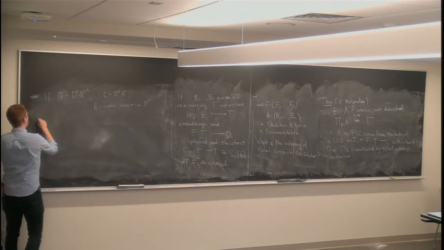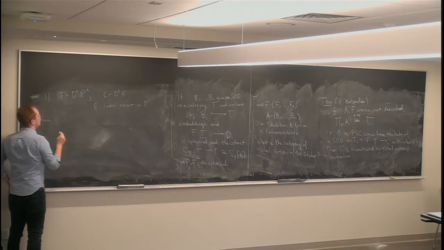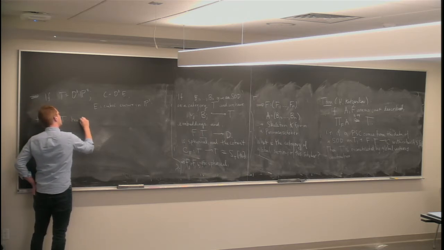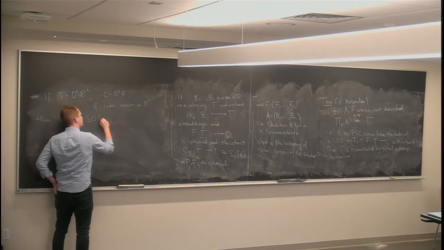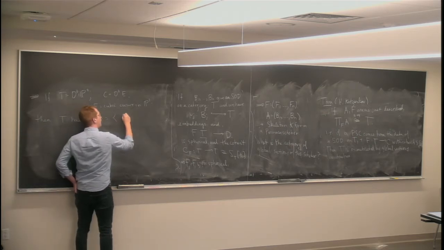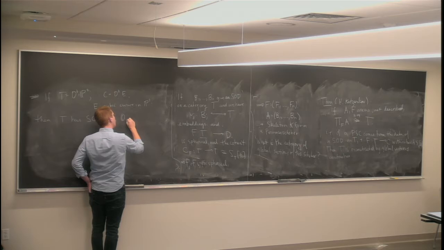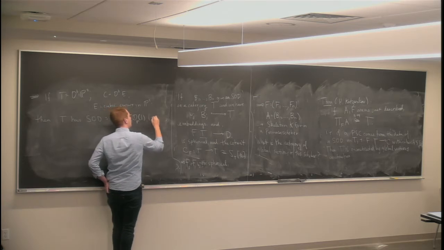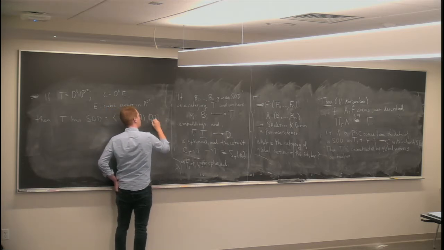And T has a semi-orthogonal decomposition given by the category generated by O_P2, the category generated by O(1) on P2, and the category generated by O(2) on P2.